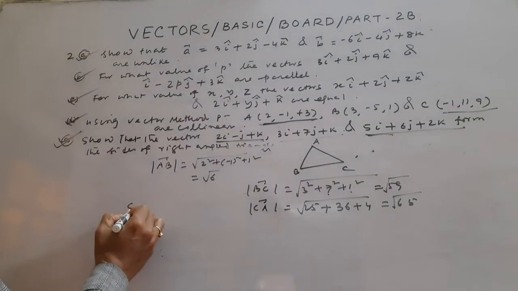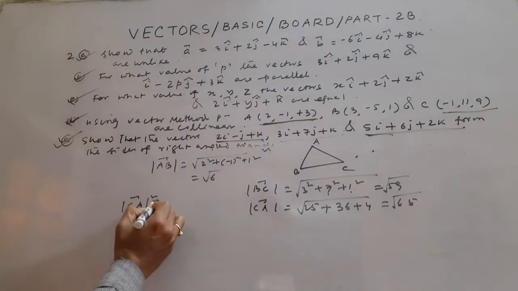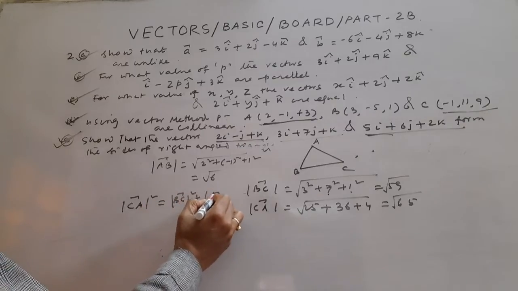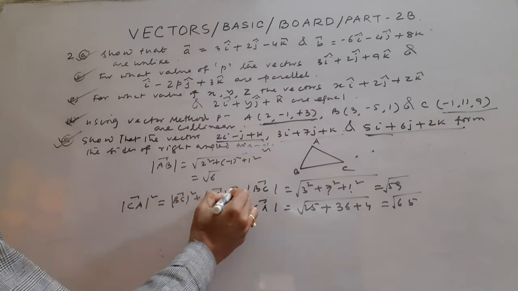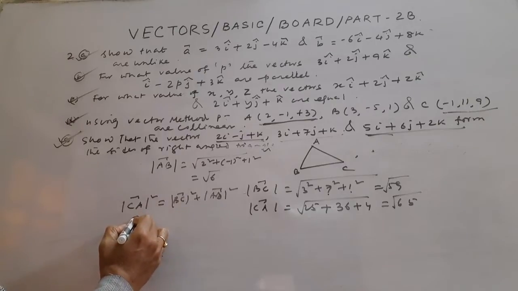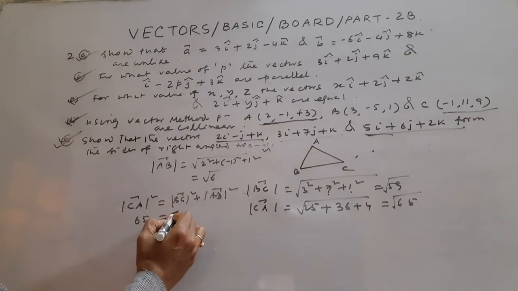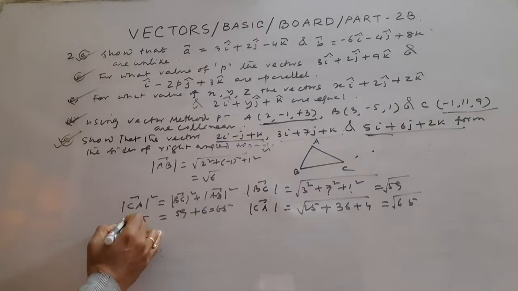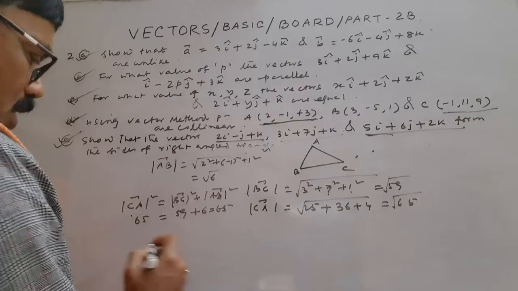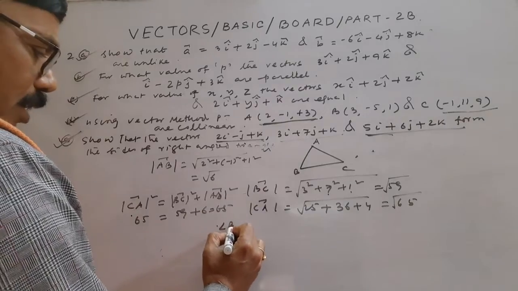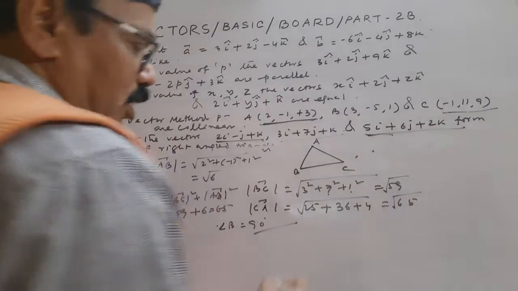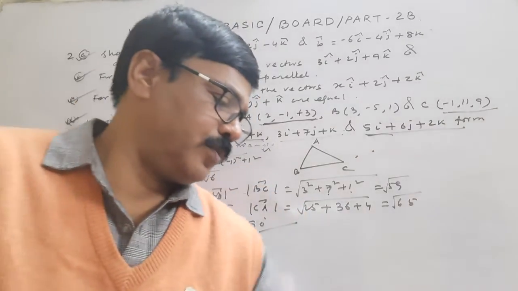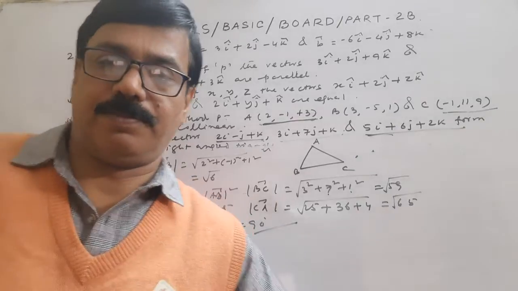So mod CA square equals mod BC square plus mod AB square. This is 65, and 59 plus 6 is 65. So CA is the hypotenuse, angle B equals 90 degrees. So it represents a right angle triangle. Very simple problem.